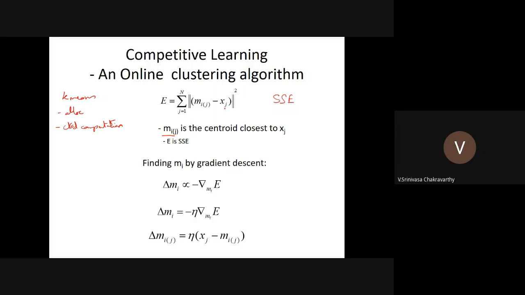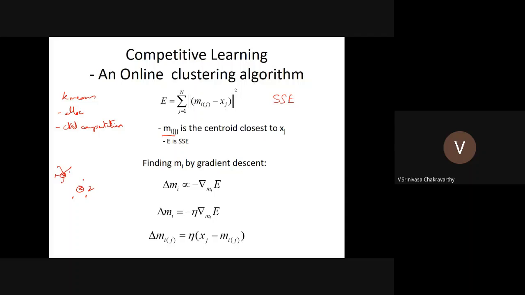What are we doing in SSE? If you take two centroids and a bunch of points, these three are closer to this one, and these three are closer to this one. So you take all these distances, square them and sum them.